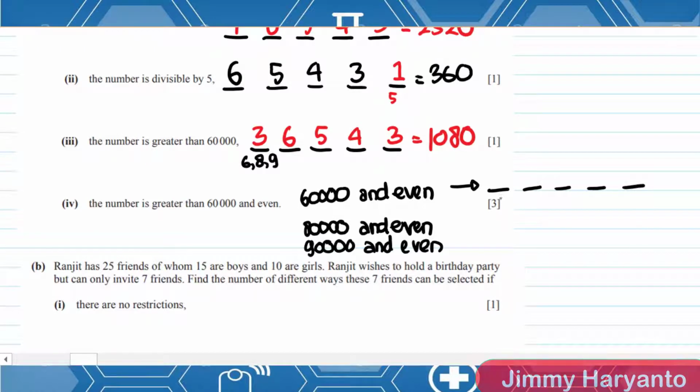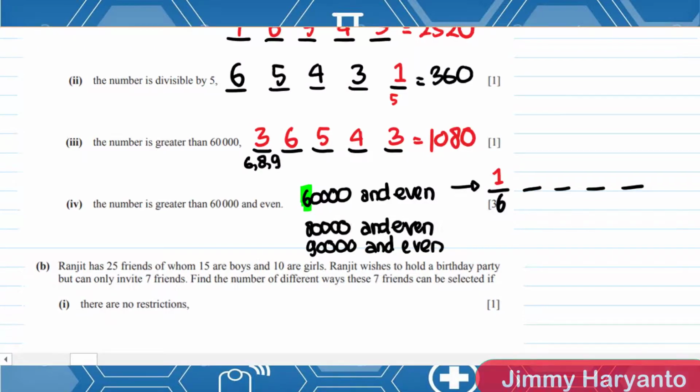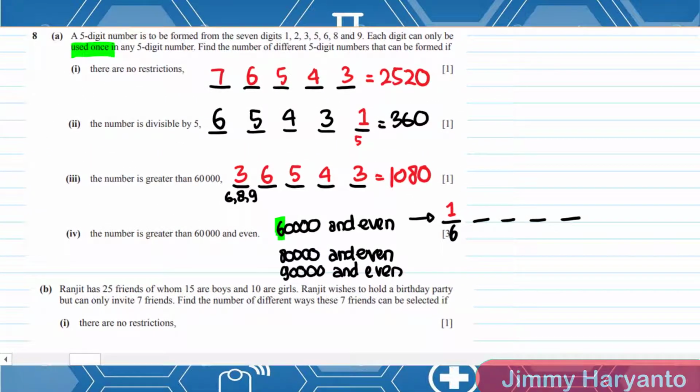Okay, after that we have to put 6 at the front because the first number is 6, so there is only 1 possibility. Because we only have one 6, we write 1.